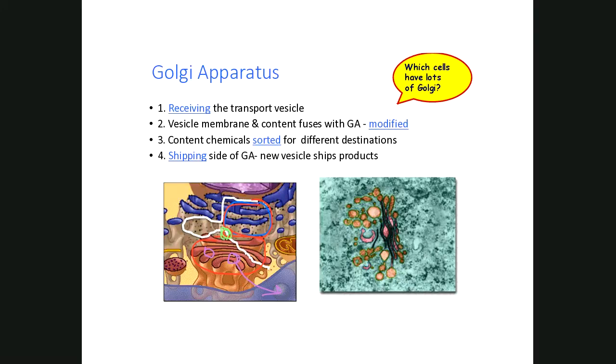This vesicle here might have, let's say, all amino acids, and it will go to this part of the cell over here. This transport vesicle here might have all digestive enzymes, and once it goes through the Golgi apparatus, it will be shipped out to this side of the cell over here. Okay, so that's the Golgi apparatus.